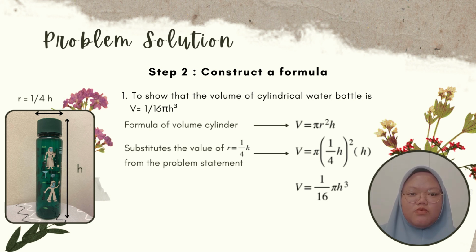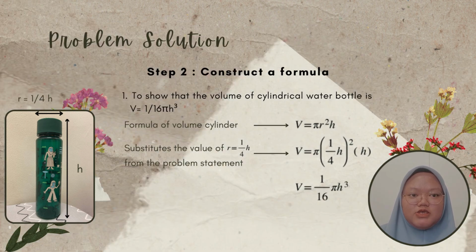From step 1, we have identified the rate of change of the volume, so we can construct a formula from the formula of a cylinder's volume, which is V equals pi r squared h. Then, substitute r equal to 1/4 h into the formula and solve it, and we get V equals 1/16 pi h³.